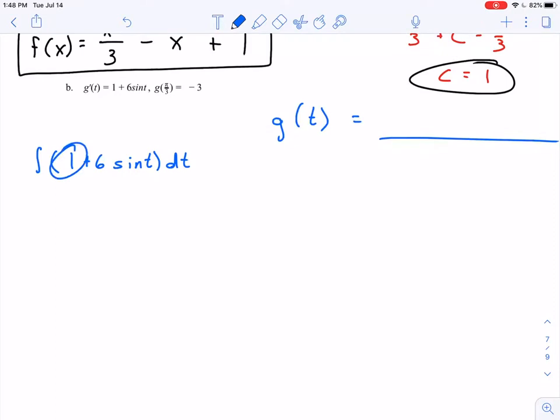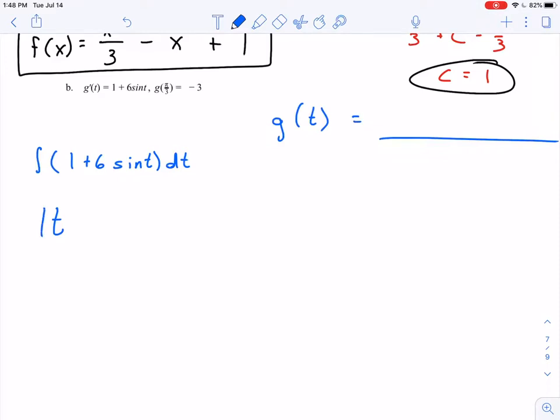So if we haven't noticed the pattern by now, when we integrate a constant like 1 here, I've been saying that's really 1t to the 0. What ends up happening when you integrate a constant is you're just going to pick up a factor of whatever variable you're integrating with respect to is. So here we're integrating with respect to t.